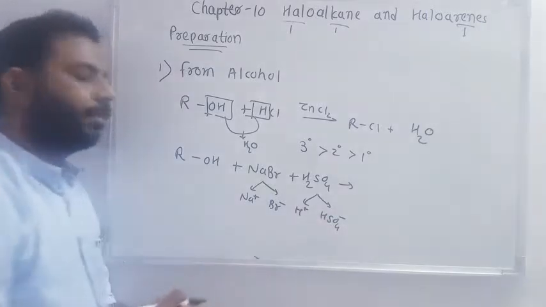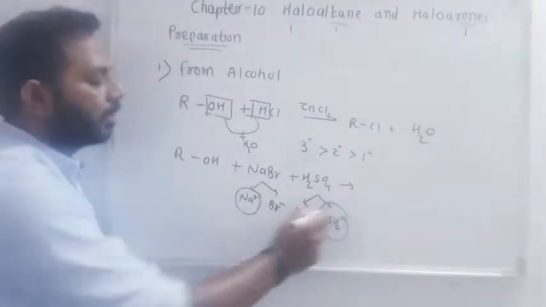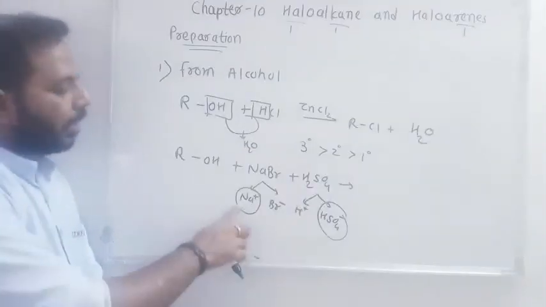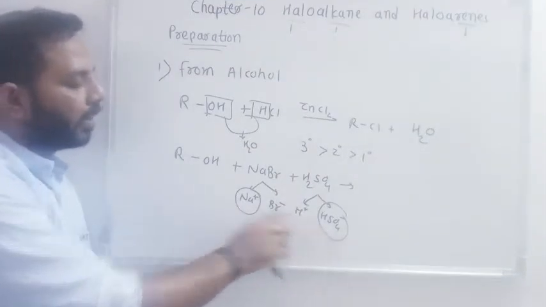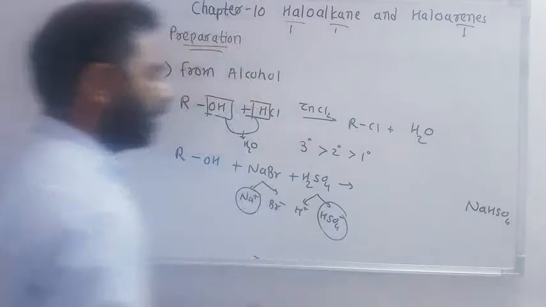HSO4 minus is left. Now Na plus from NaBr and HSO4 minus from the acid can react, as one positive charge can react with another negative charge. So it will form NaHSO4. One of the products is NaHSO4.